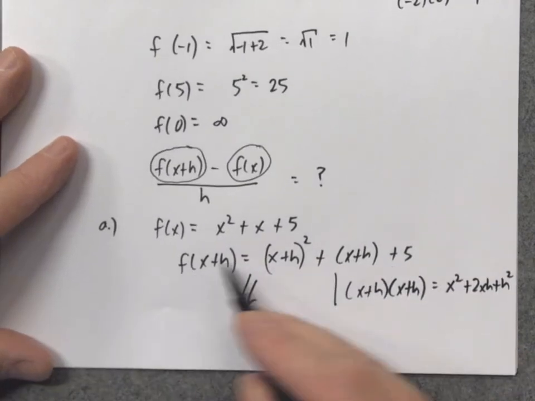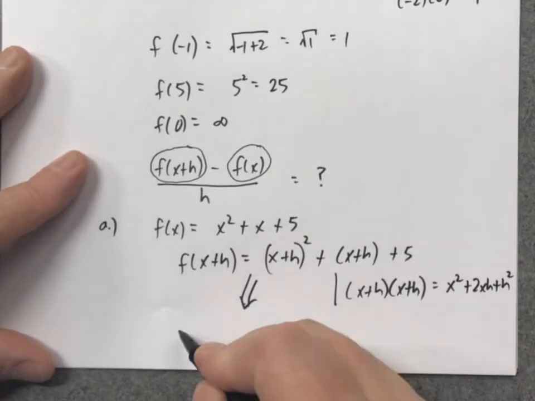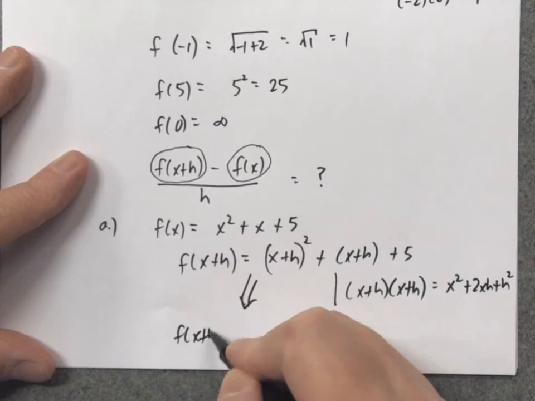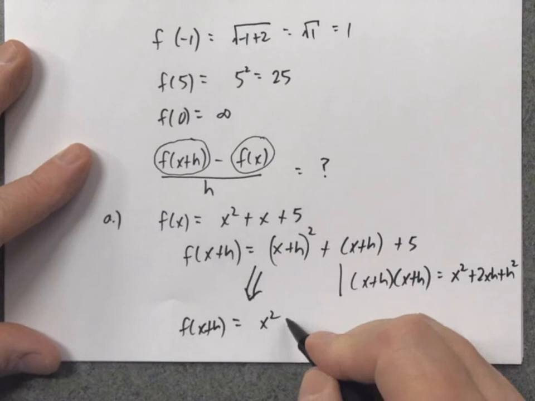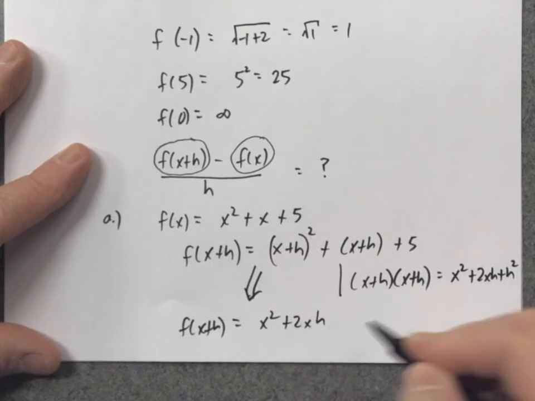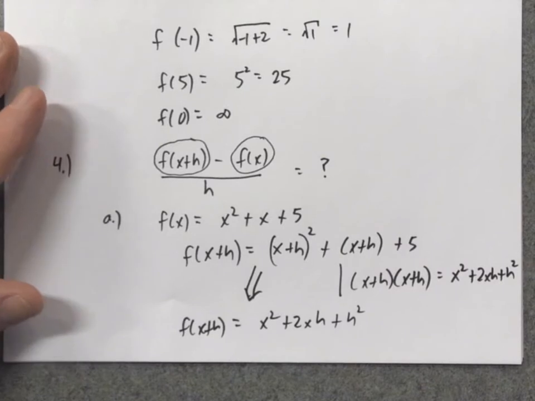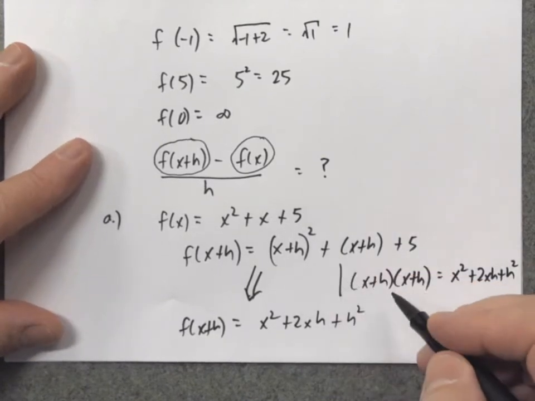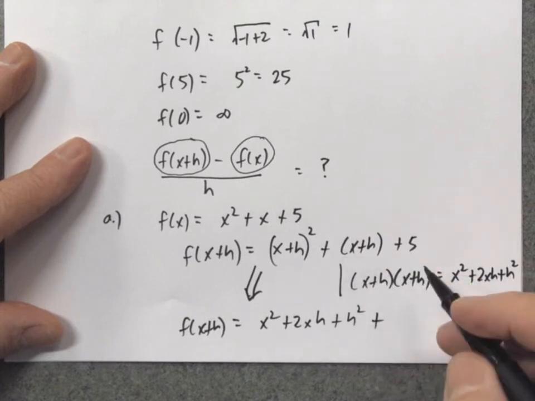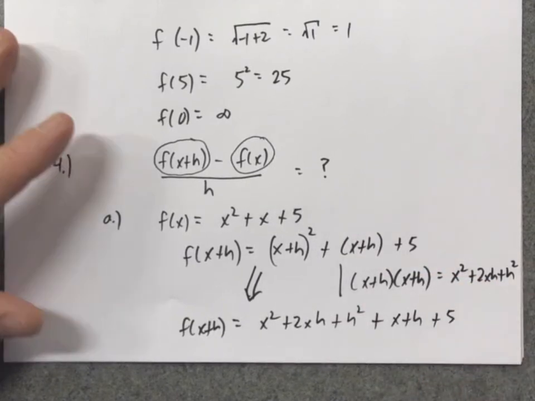So now, this f of x plus h, here's the squared part. X squared plus 2xh plus h squared plus x plus h plus 5.